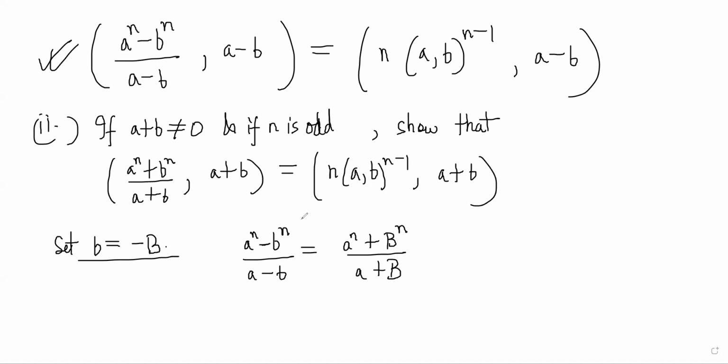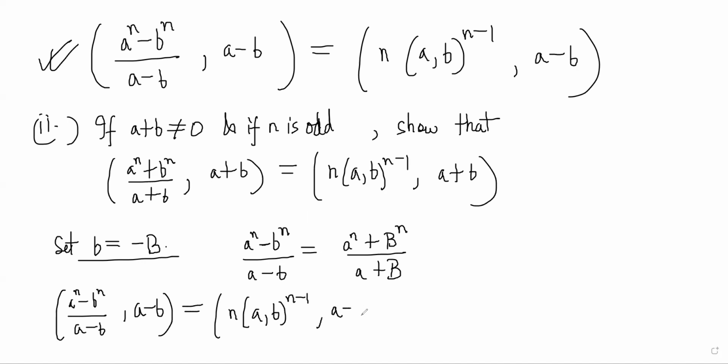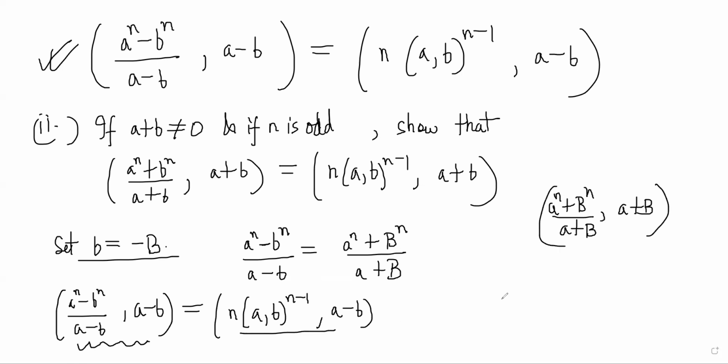And from the first property, we know that the GCD of (A power n minus B power n) by (A minus B) and A minus B is equal to n times GCD of A and B power n minus 1 and A minus B. So now this expression will start looking like the GCD of (A power n plus B power n) by (A plus B), comma A plus B. And the right hand side will start looking like n times GCD of A and minus B power n minus 1, and A plus B, right?